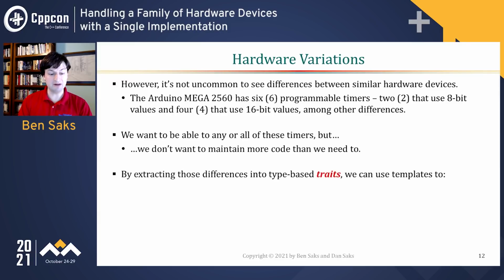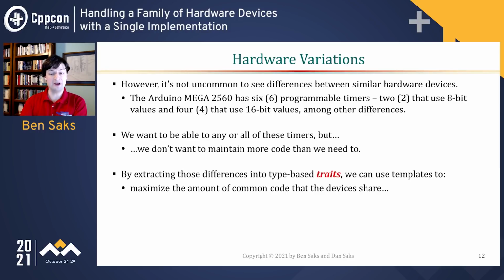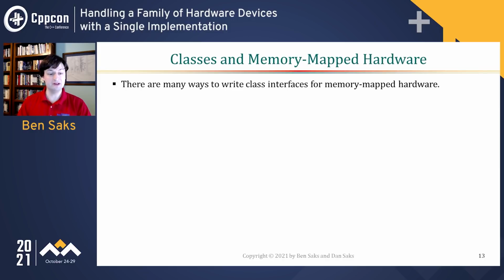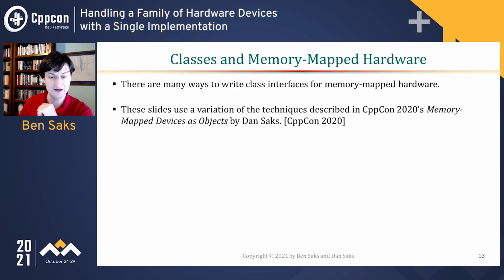So what I'm going to be talking about today is a way of writing a single template-based implementation where we extract the differences between the different timers into traits as a way of maximizing the amount of common code that we share and doing so in a way that doesn't negatively impact performance. By the way, I'm using a particular technique for creating my class interfaces here that's based on last year's CppCon 2020 memory mapped devices as objects talk.